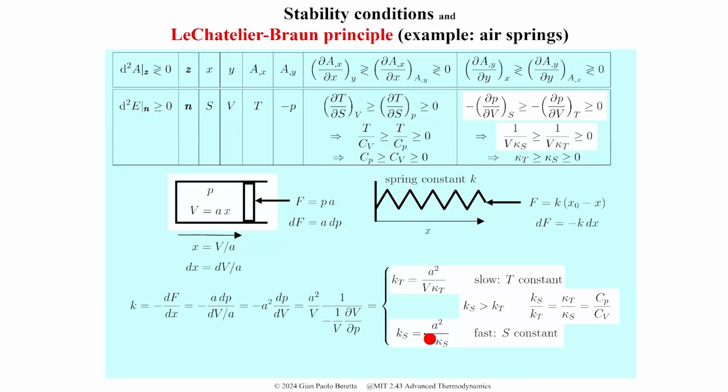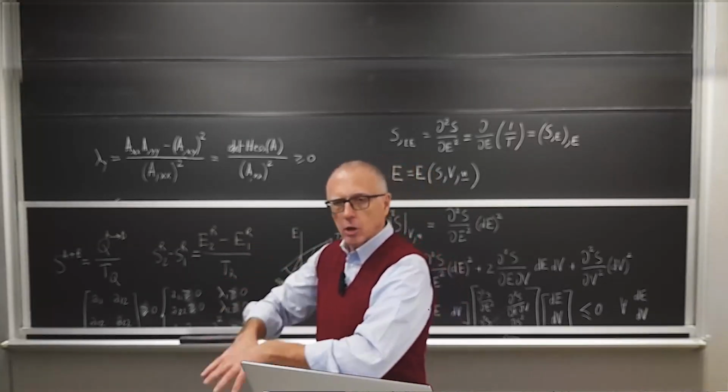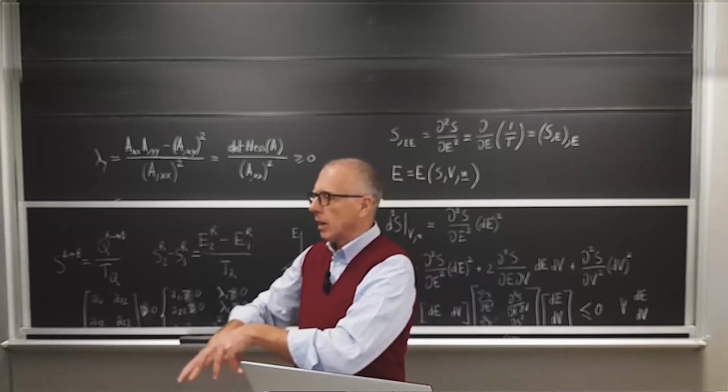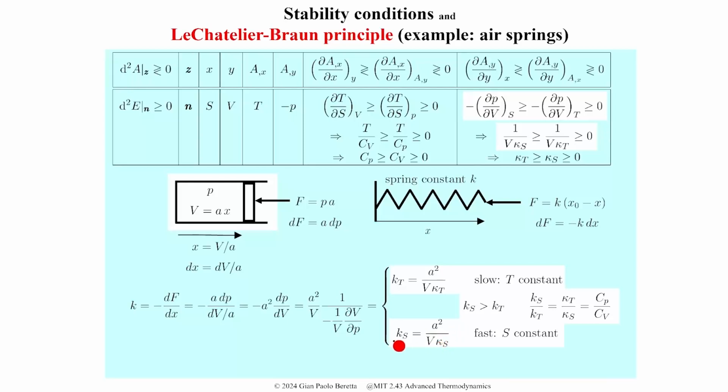If instead you push the spring fast, like when the car goes on a bump, the system doesn't have time to exchange energy or heat, and the entropy remains constant. So that's the isothermal compressibility. I'm sorry, the isentropic compressibility that appears.